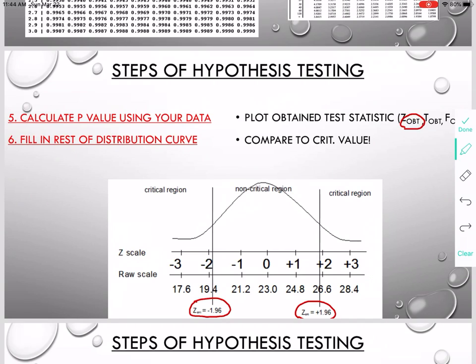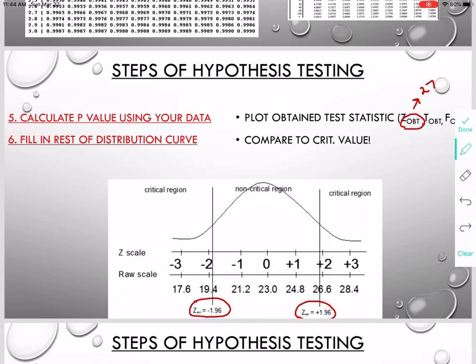So you can plot your obtained one. Let's say that I run this as a z-test, because you can do that. And my z-obtained was 27. So if my z-obtained was 27, I run my statistic using SPSS, and it spits out a number. I can compare and plot my z-obtained.